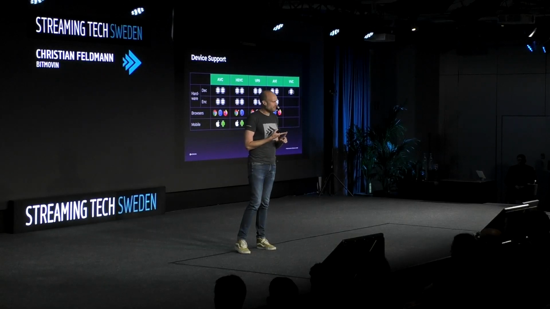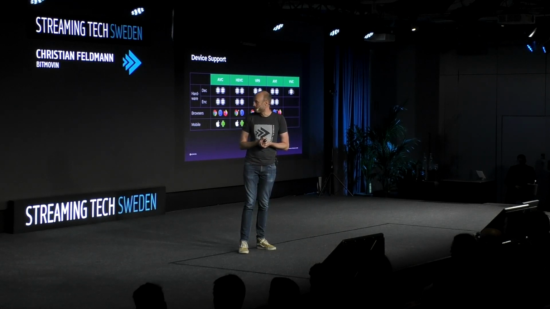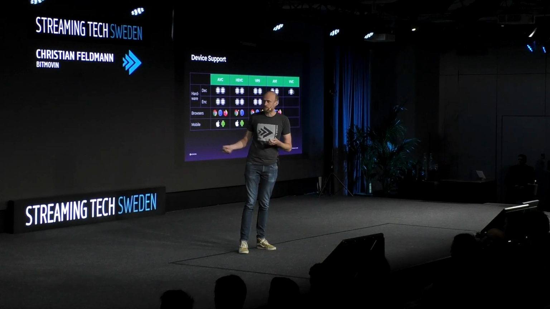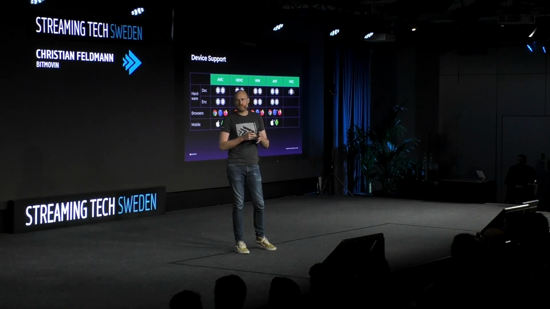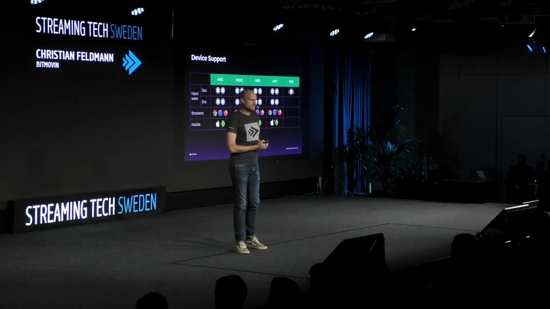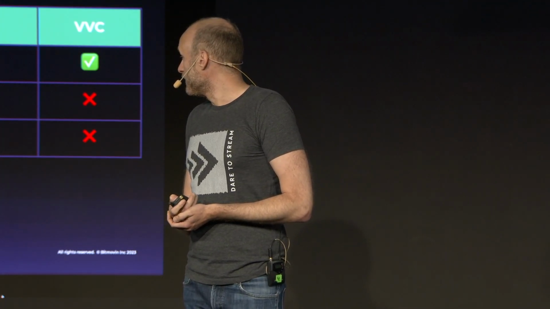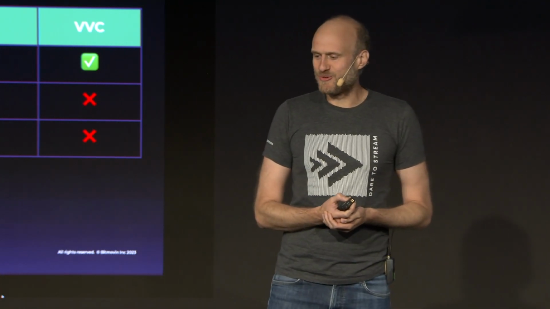Like for mobile phones, I think it's about in the 90s% of device population out there, so that is very impressive. For AV1, it's much lower, but it also depends on the kind of devices that you're looking at. On TVs, for example, the lifespan is usually much longer, so it takes much longer until all devices support certain codecs. So that also goes into the data that we will see next.